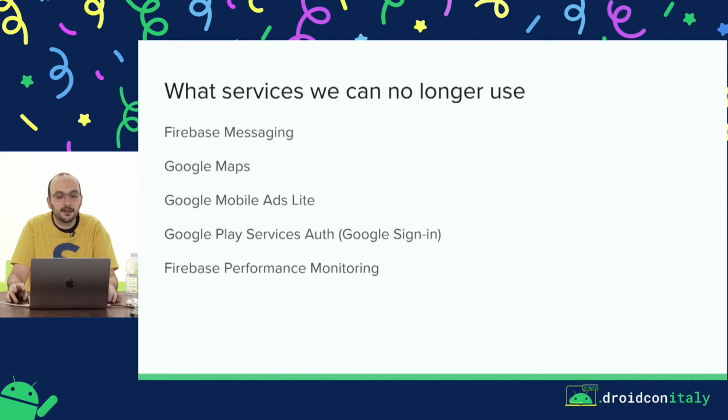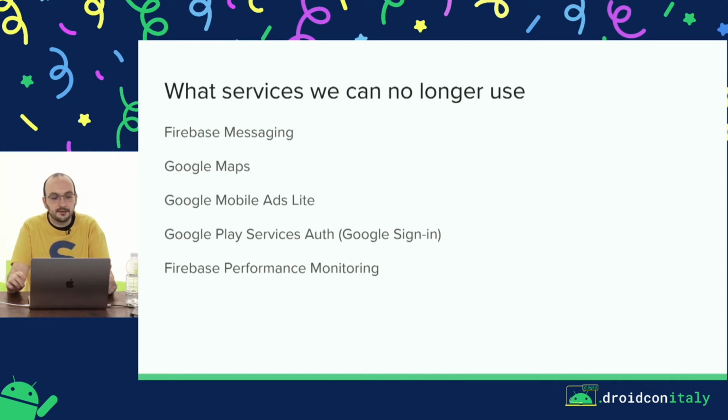The Google Mobile Ads Lite, before I've added the Google Mobile Ads, because there are two different libraries provided by Google for advertisement. One is a light version that needs a part of the Google Play Services component, and the other one is a fully integrated library, so it can run also without Google Play Services.